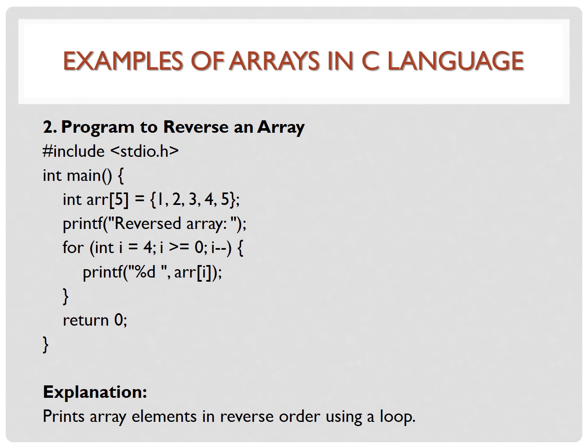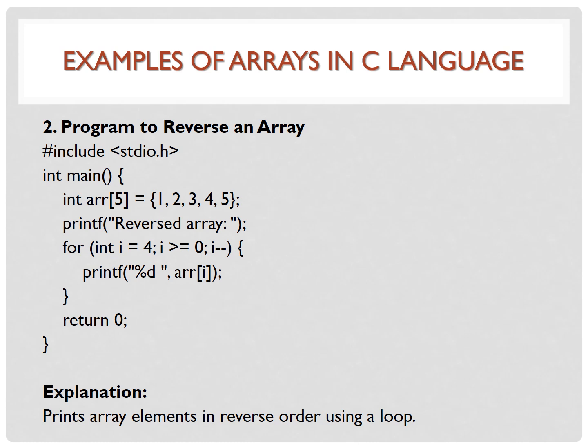Then you have a for loop starting from i equal to 4, that is the last index, down to i equal to 0, that is the first index. So i-- means the loop decrements i by 1 each time. So this loop runs backwards through the array. And the next statement is the printf statement. It prints the current element of the array at index i.